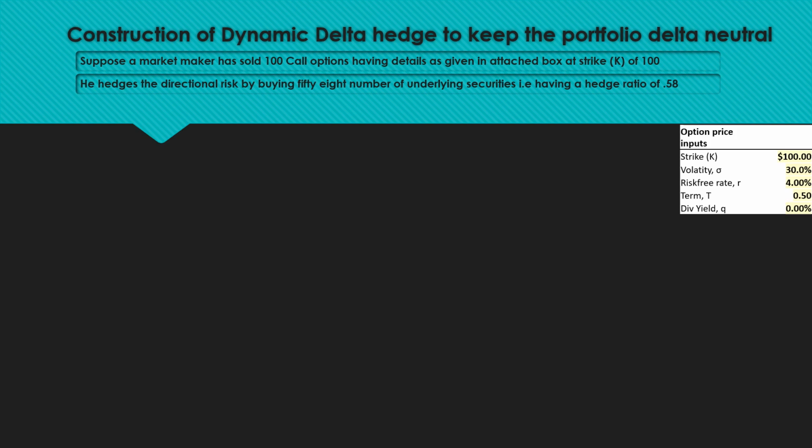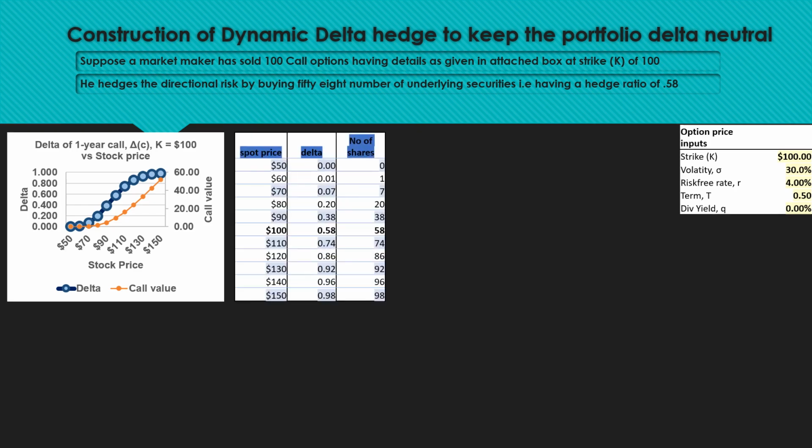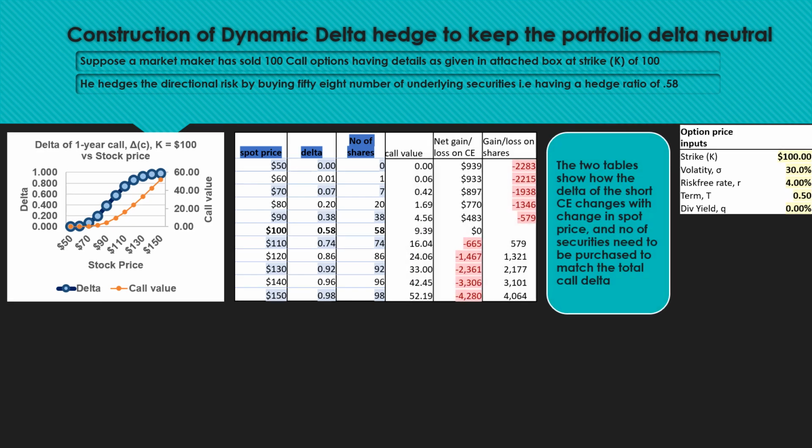The option price box on the below right shows the details of the call options being considered. The graph shows the call value and delta values of the call option at different spot prices. The first table shows the number of long shares needed to hedge out the short 100 call options at different spot prices of the underlying share. The second table shows the net gain or loss from the short call and the long share at different spot prices.